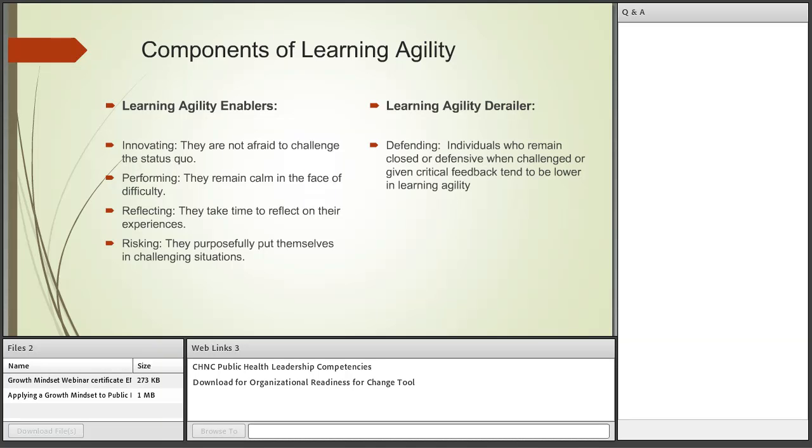So the next enabler is performing. Performing is being able to achieve results, to deliver when things are challenging. Often when things get challenging, we sometimes tune out. What agile learners do is they remain present and engaged. They handle the stress, they're still listening, and at that time they're trying to solve the problems they're facing by gathering data and processing the data quickly.